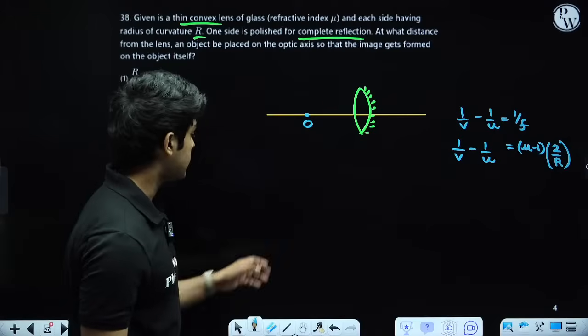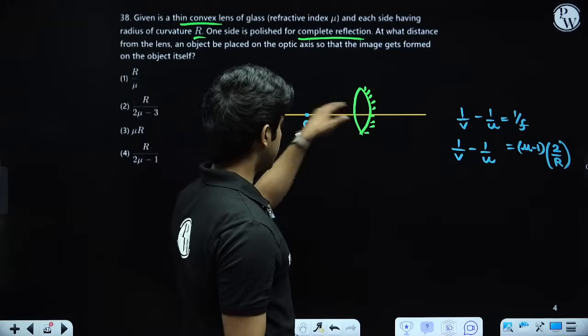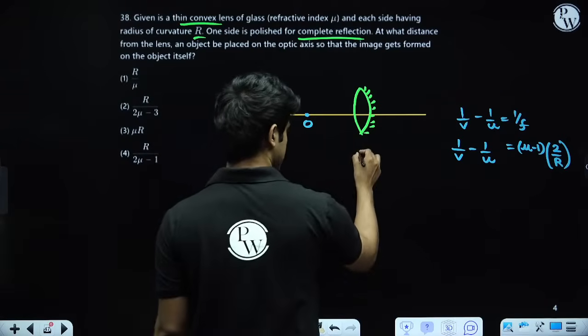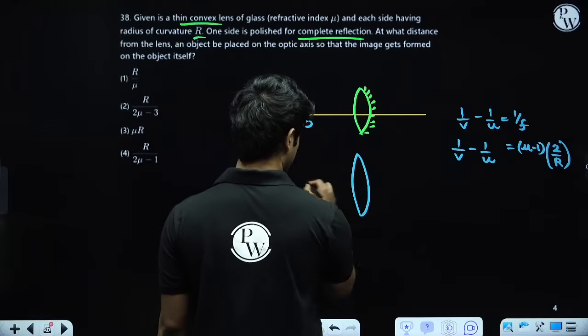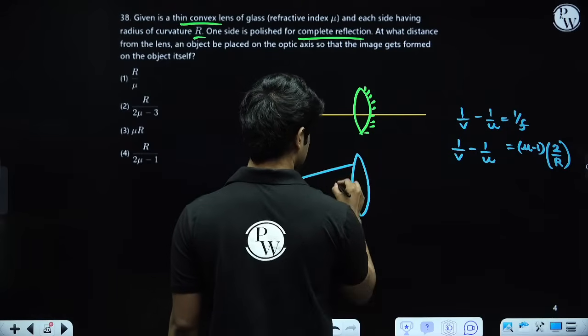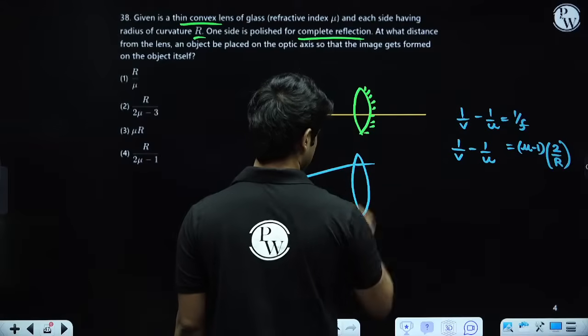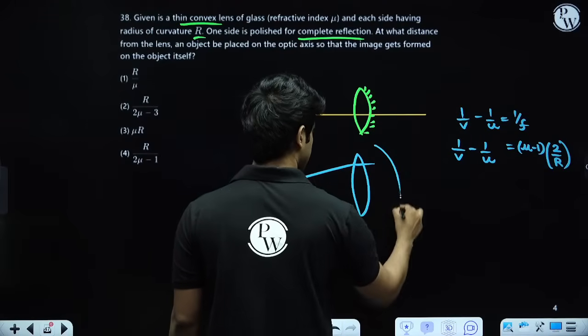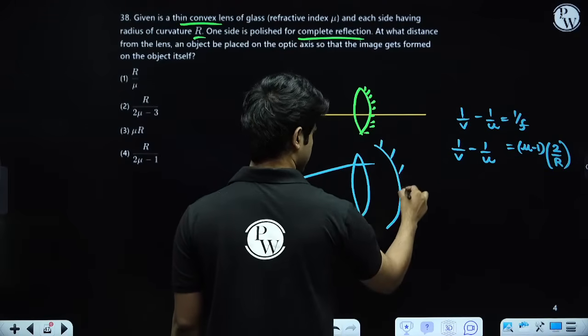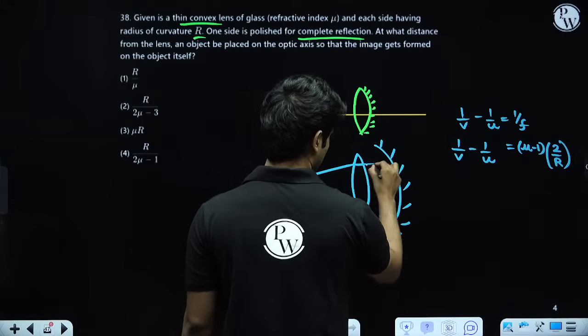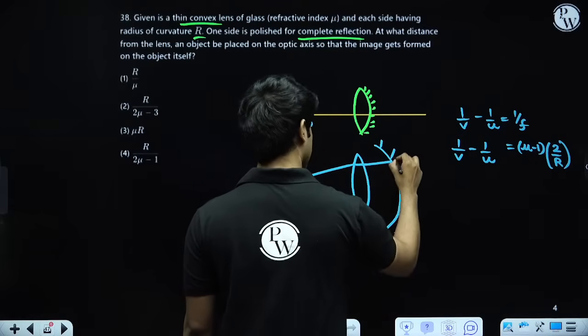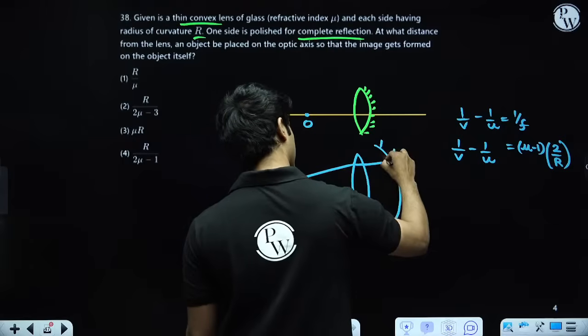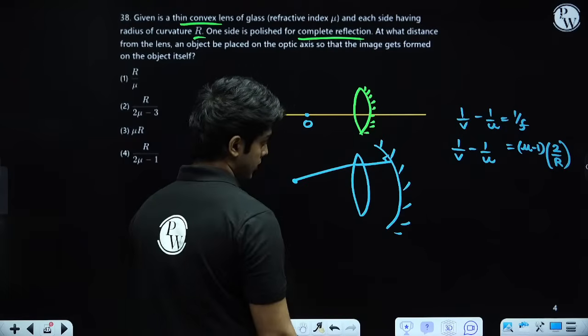Now the thing is, if I want the image to be retraced, then once the ray is processed by the lens, as it goes and hits the concave mirror, I want it to intercept the concave mirror exactly perpendicular to the mirror at that point.